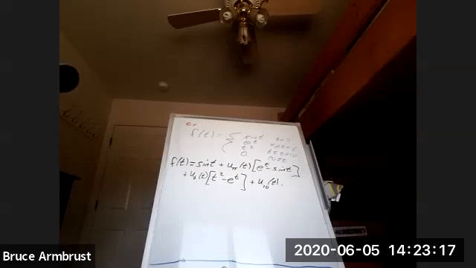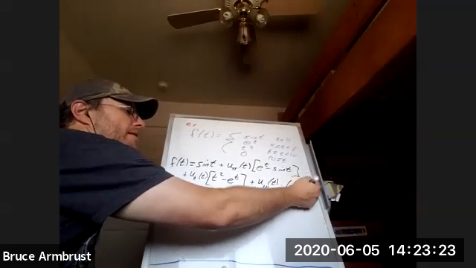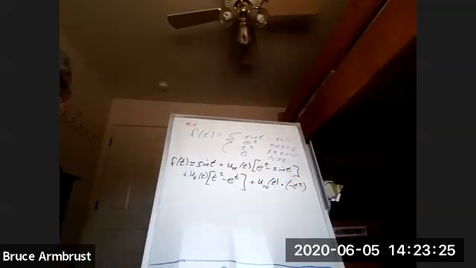And again, what do we need to turn on? Well, nothing. But what we need to turn off is t squared, so we'll put a minus t squared. So that's how we'd represent that piecewise defined function using just the unit step function.